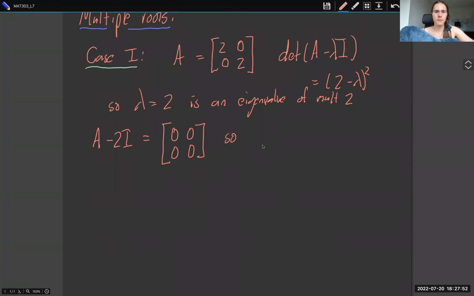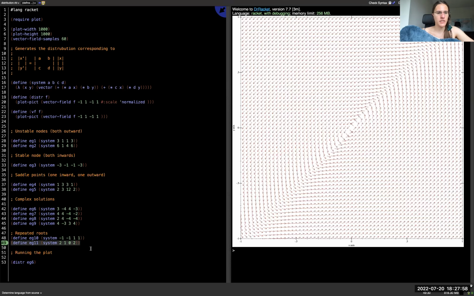And so we can just confirm that. If I do a repeated root along the lines of, let's do example 12, and let's make this 2, 0, 0, 2.